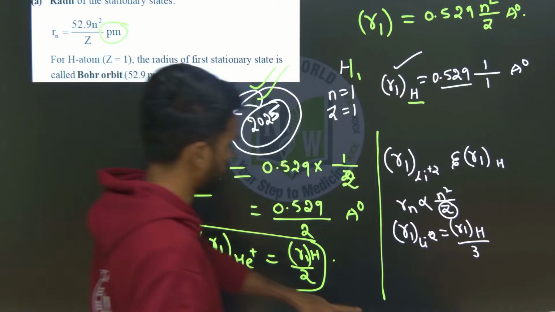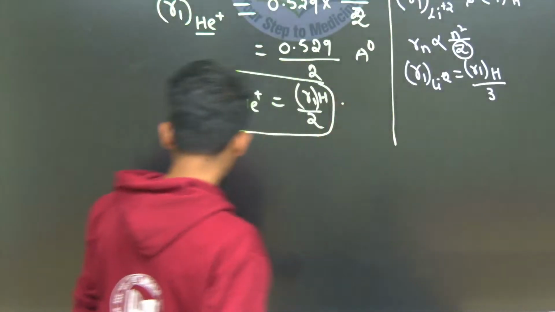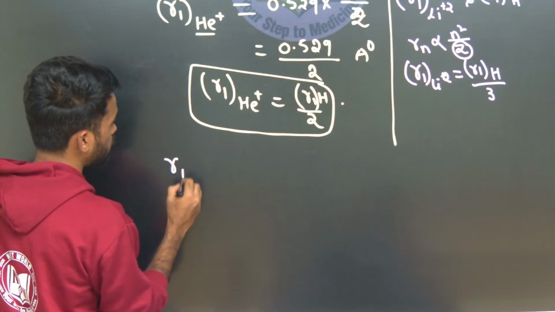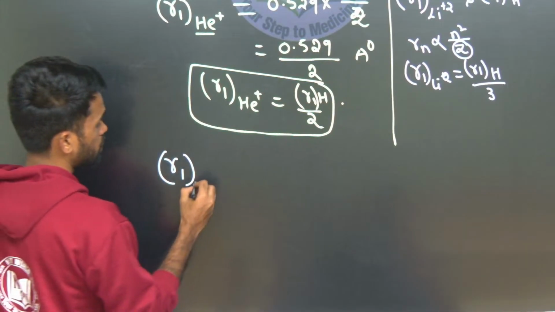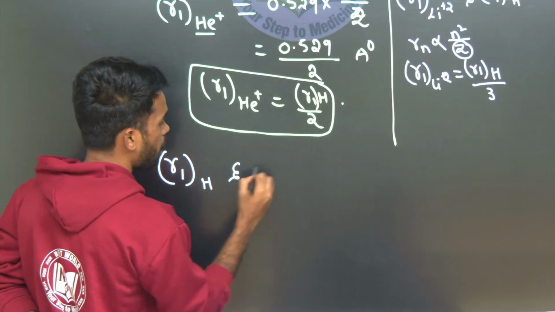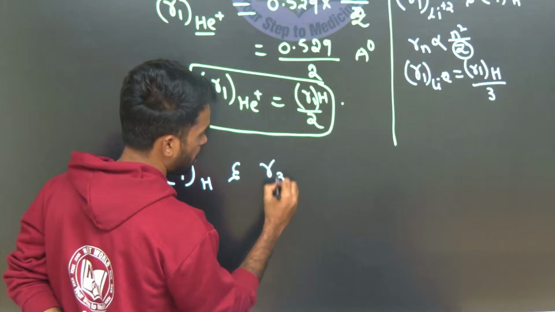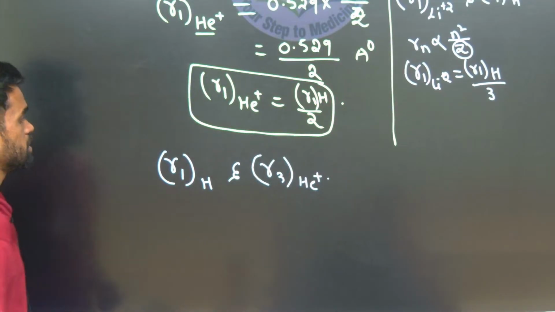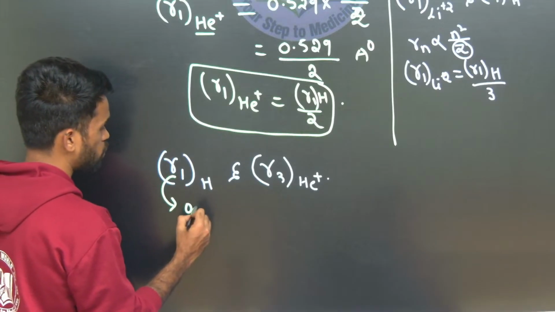Next, what is the relation between R1 of hydrogen and R3 of helium plus ion? R1 of hydrogen is nothing but 0.529.